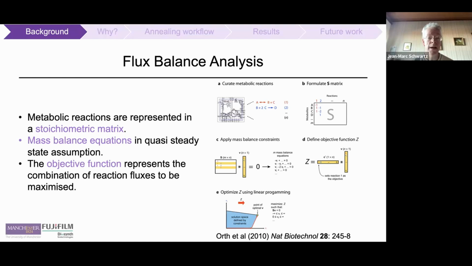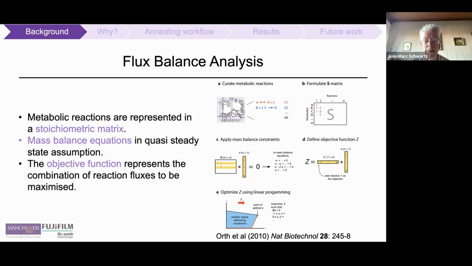So we assume a quasi-steady state, which means that all the incoming fluxes have to be equal to all the outgoing fluxes. Another way to see it is that there is no accumulation of internal metabolites. So the sum of all fluxes that produce a certain internal metabolite has to be equal to the sum of fluxes that consume this internal metabolite.